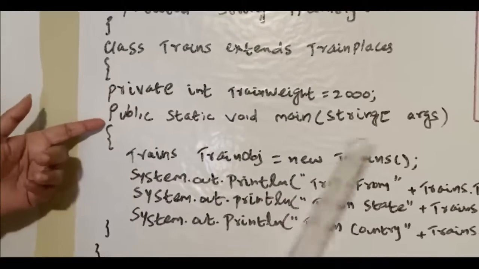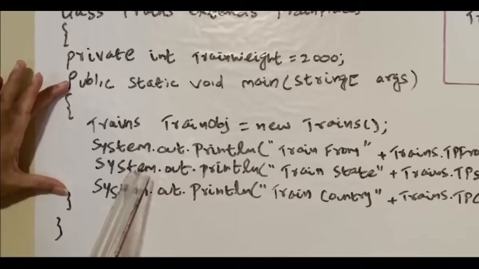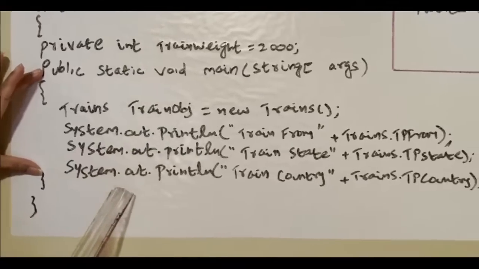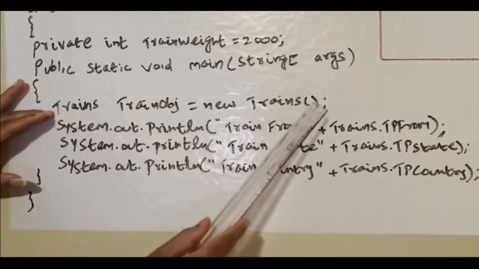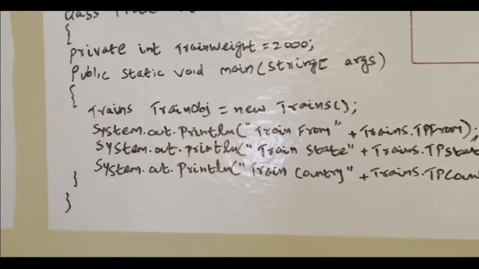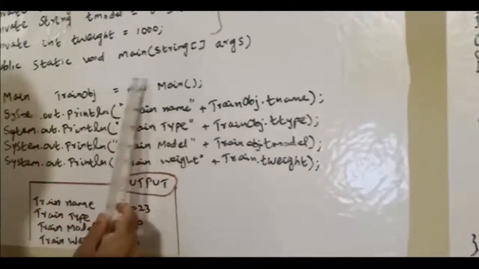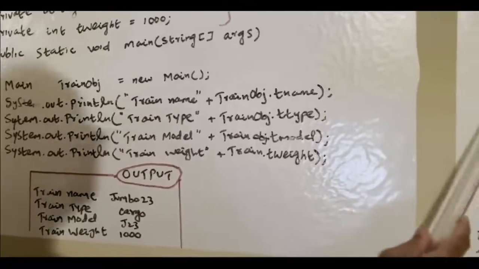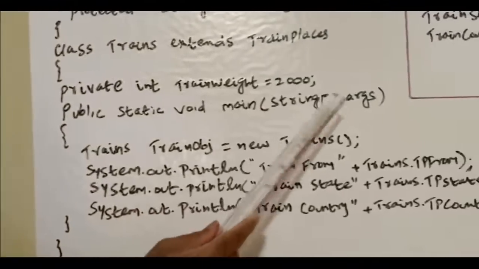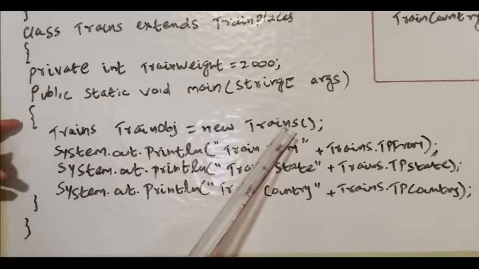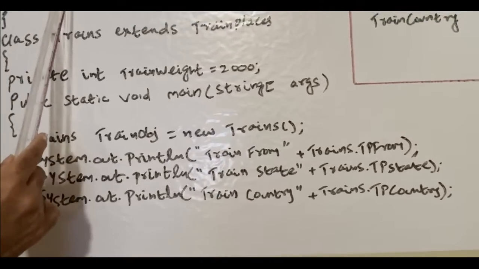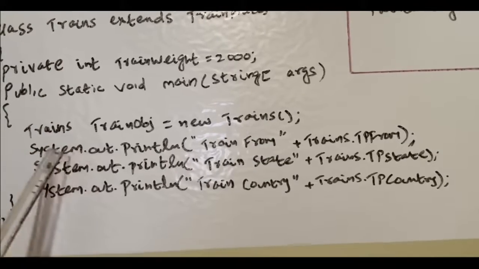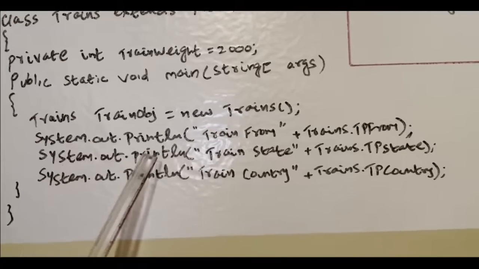So public static void, we are calling the actual main function to execute and display the results. Trains, train object equal to new trains. Same as we instantiated the main train object with new main, but here we are instantiating this trains class, which has protected variables. There we had private variables. Then we want to print all this.